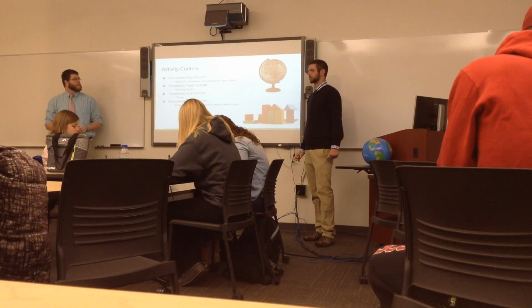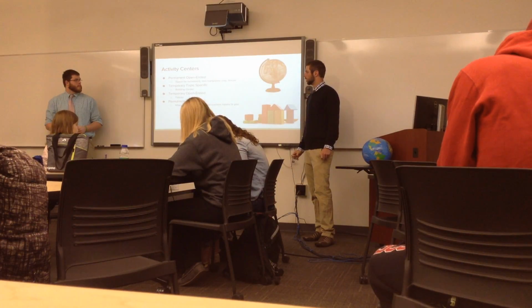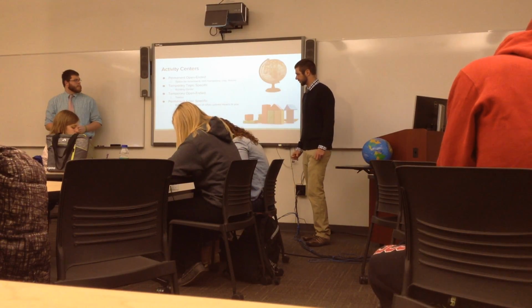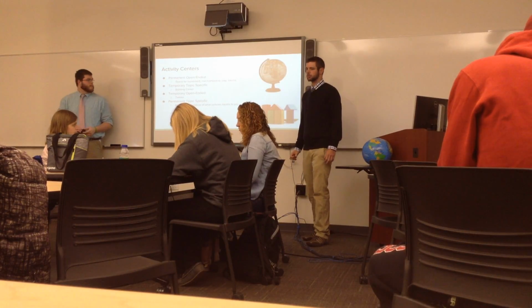The temporary topic specific is, again, using a building center. Temporary open-ended, we could use Twister. Permanent topic specific, we could make a clay sculpture of what summer means to you.